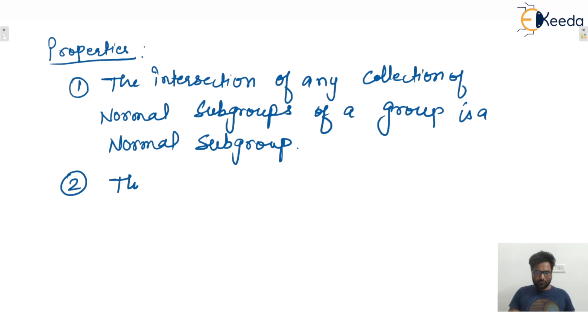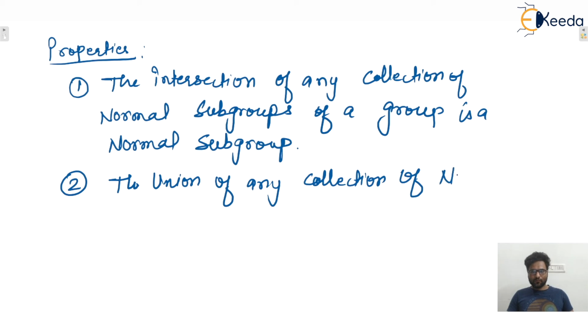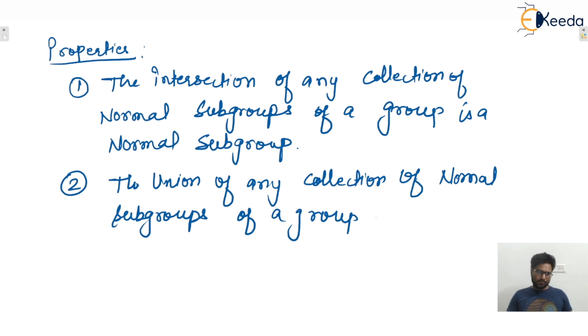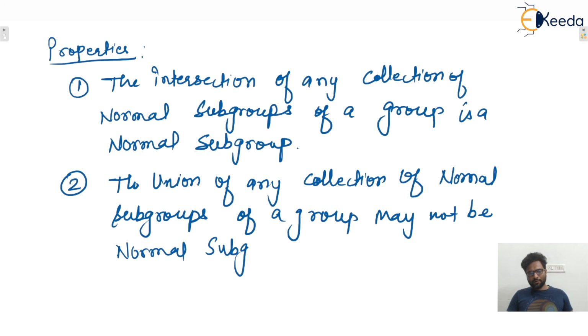Second one, the union of any collection of normal subgroups of a group may not be a normal subgroup, isn't it? So these properties are the same as we saw for subgroups also.